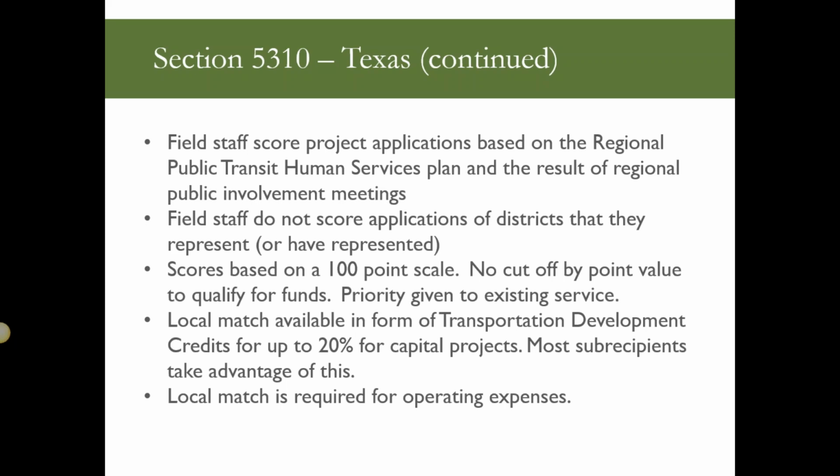And in Texas, we're fortunate, we have transportation development credits, and they can cover the local match for capital. Operating still requires a local match, and pretty much everyone takes advantage of those TDCs, because that's, you know, a big challenge in a lot of places, is coming up with that local match. I think that's it for Texas.